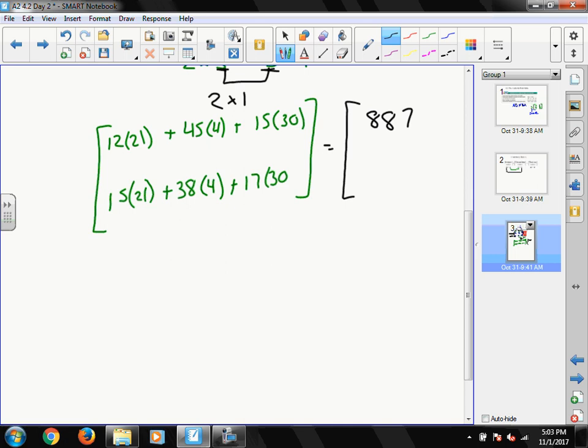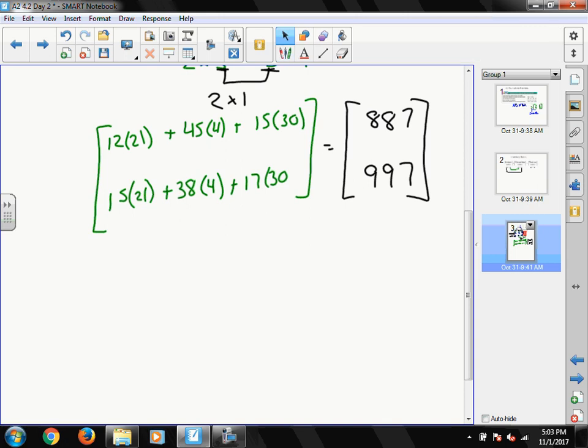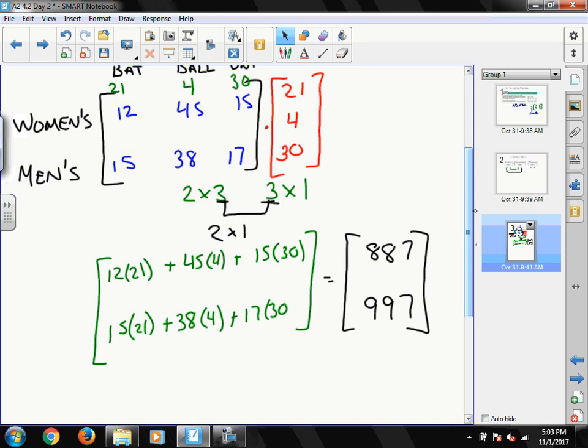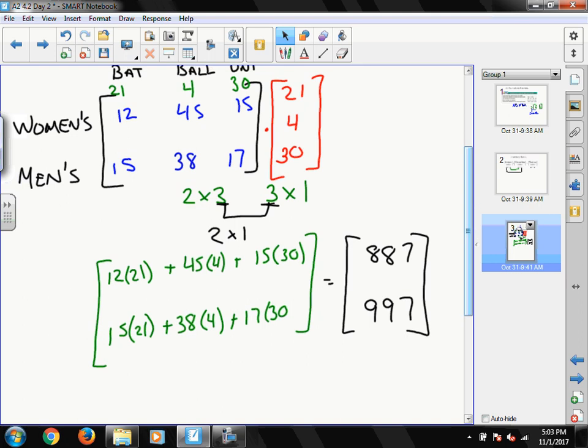And 15 times 21 plus 38 times 4 plus 17 times 30 is going to give me 997. So that's a nice organizational way to see how much the entire season is going to cost for these two teams in one setting. So the women's is going to cost $888 for all the equipment that they need. The men's is going to cost $997 for all the equipment that they need.